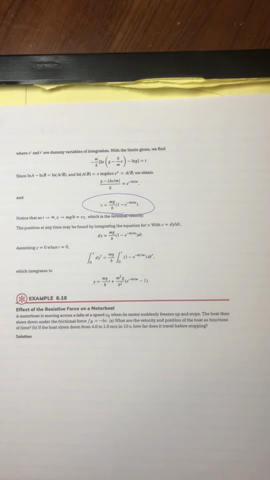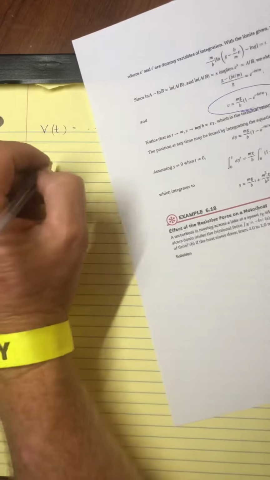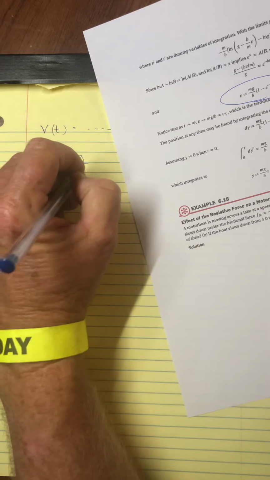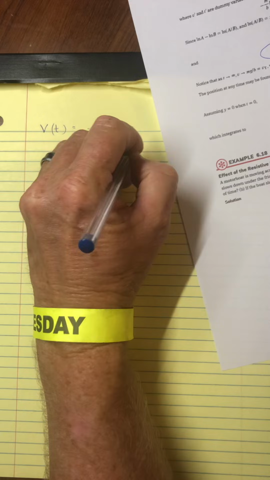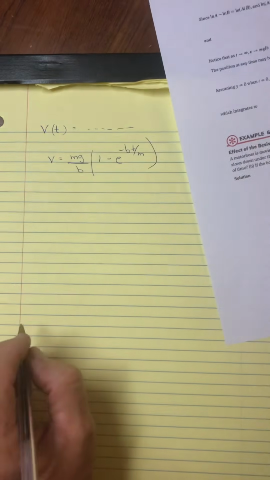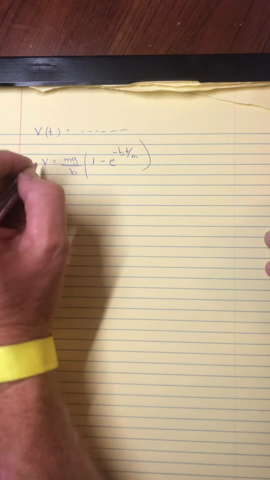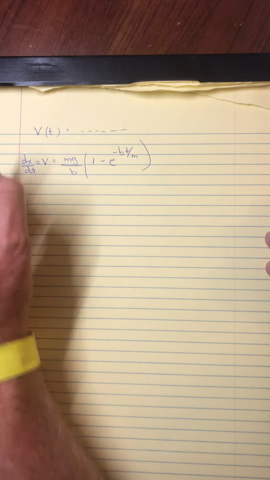And get the equation for velocity. Now, of course, remember, once you have the equation for velocity, so velocity equals mg over b times 1 minus e to the minus bt over m, you could then say, I've got t on this side, but remember, v is dx dt.